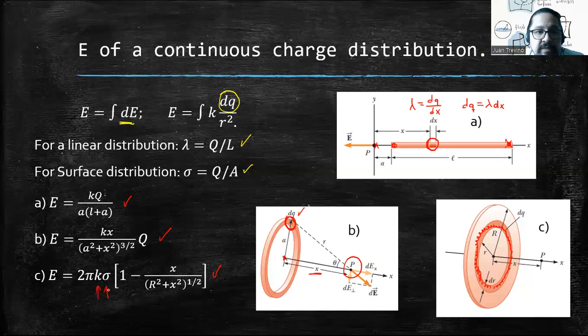Sigma here is the surface distribution of charge, so net charge divided by area, and r is the radius of the disk, x is the distance from the center of the disk to point P, and remember that this is done along the symmetry axis of the disk.